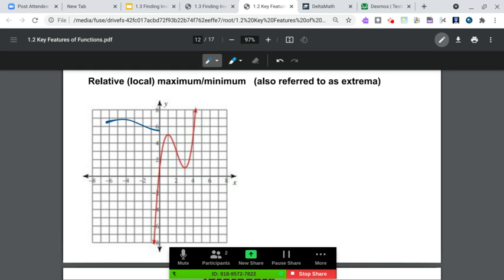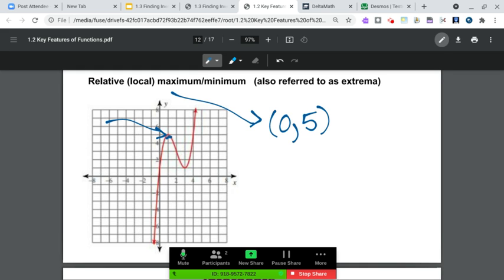So like here, that's going to be what's considered a relative or local maximum. And that's going to be the ordered pair 0, 5. Okay? 0, 5 is the relative maximum of this graph. It's not the absolute. It's just the highest point compared to those around it.